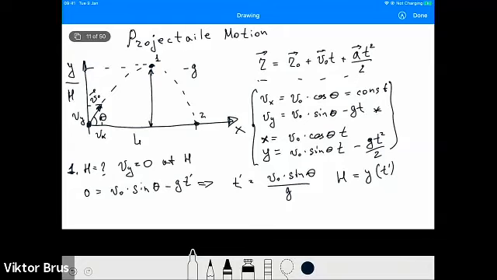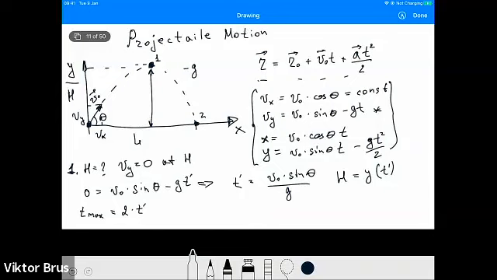So let us continue with the maximum time. T maximum will be equal to 2 multiplied by t prime. If it takes a certain time for this body to reach point 1, it will take the same time to reach point 2, which will be the last moment, the finish of this projectile motion.